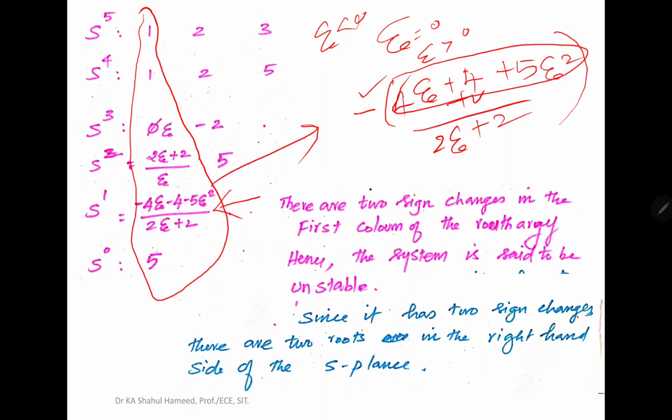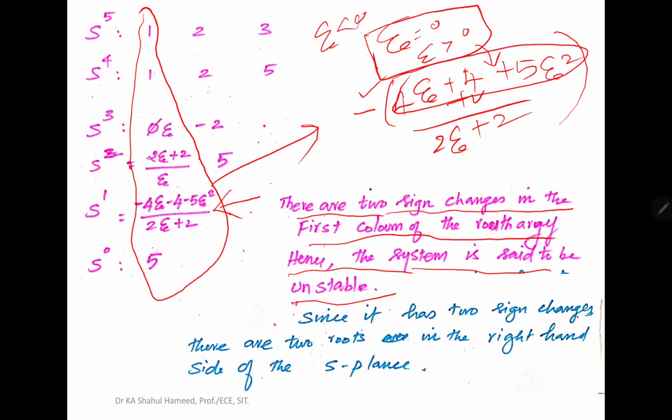Now in some cases, for example if you take 0 and epsilon greater than 0, it will give positive, in some cases negative, but we are going to take only epsilon equal to 0 and epsilon greater than 0. For that case, the entire first column is negative. So we identified that there are two sign changes in the first column of the Routh array, hence the system is said to be unstable.